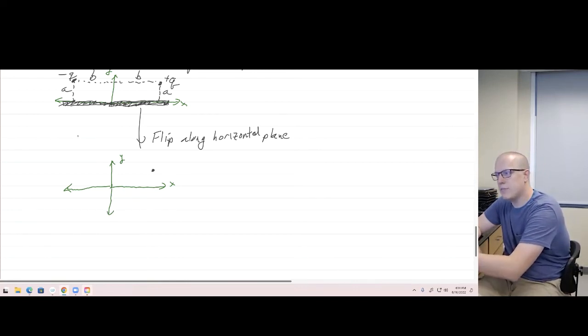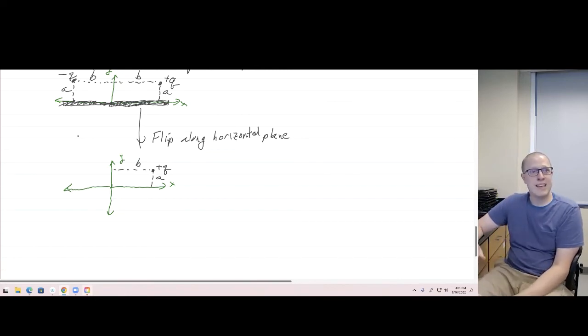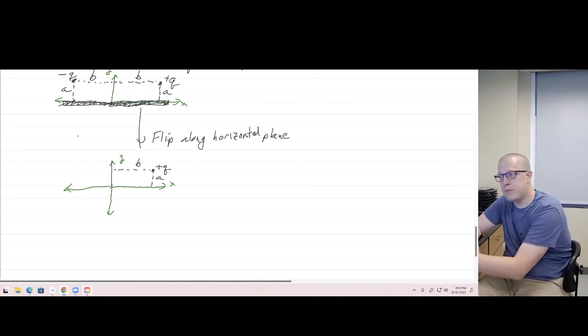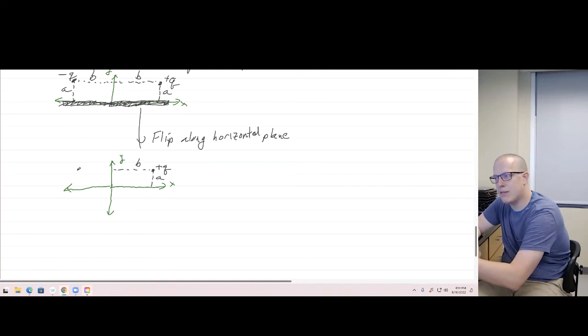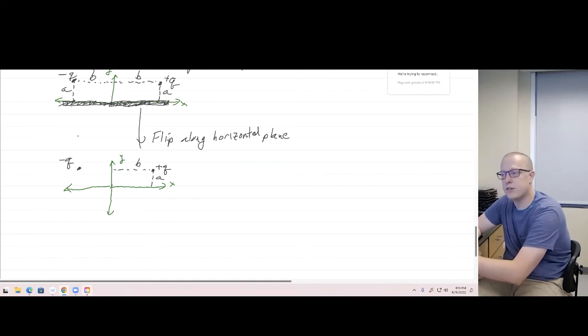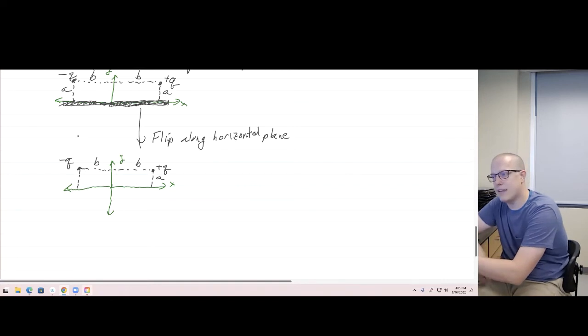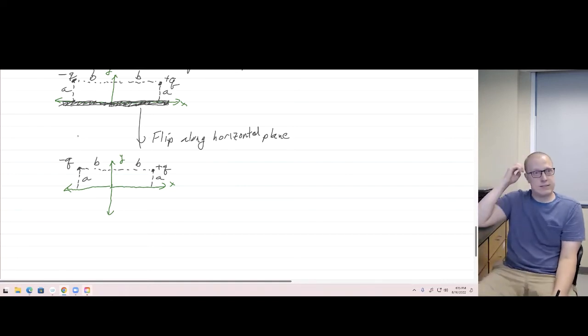So I still have my charge plus Q, still a distance A here, and a distance B here. And since I flipped it from the previous problem, I still have this charge. This is an image charge, and it's still at the same place it was before. So it's B to the left of the y-axis and A above the x-axis, right?